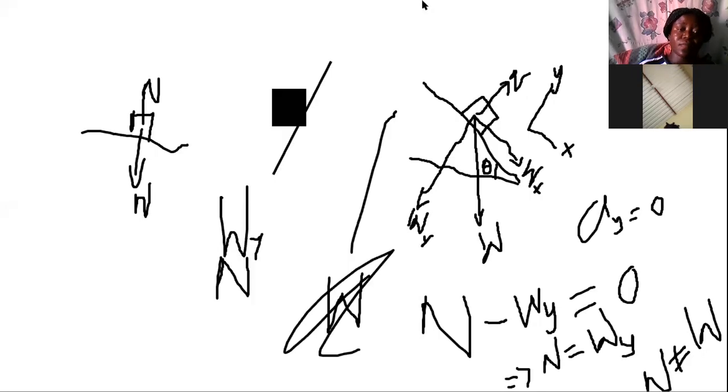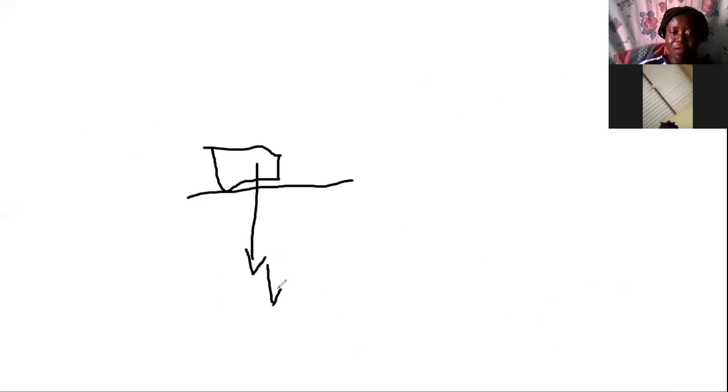So if we look at that question, we have a box which is placed on the horizontal surface. On this box, the moment the box is there, we have a weight and we have a normal force.